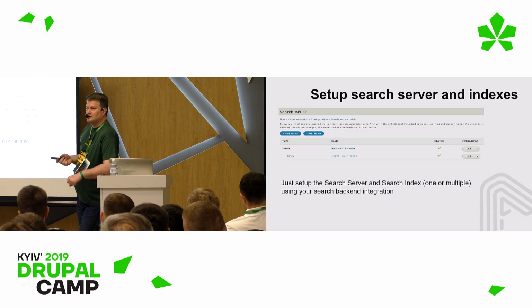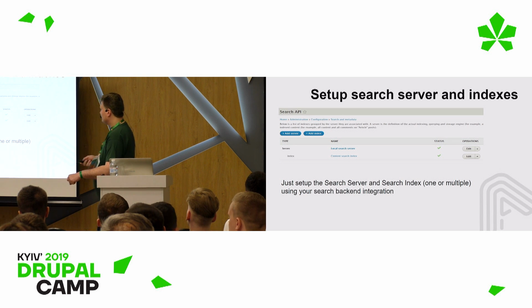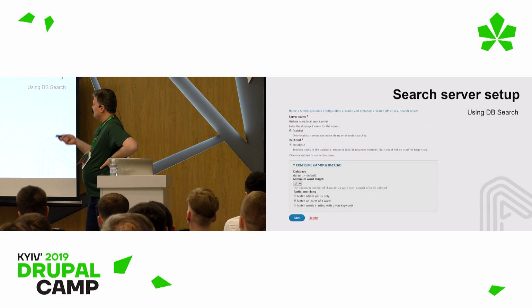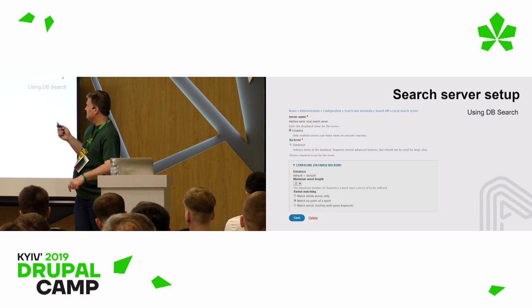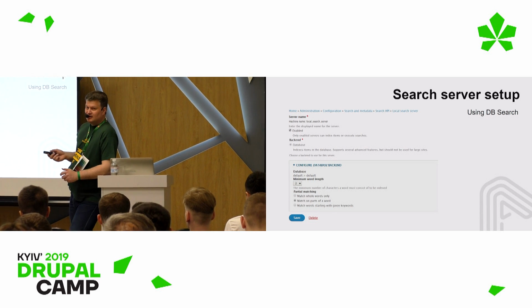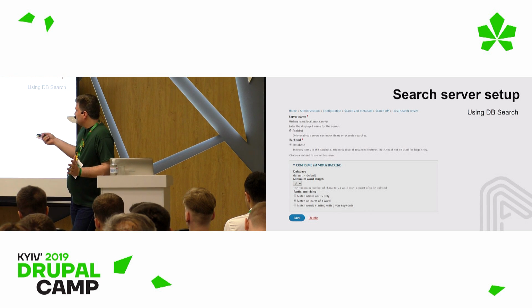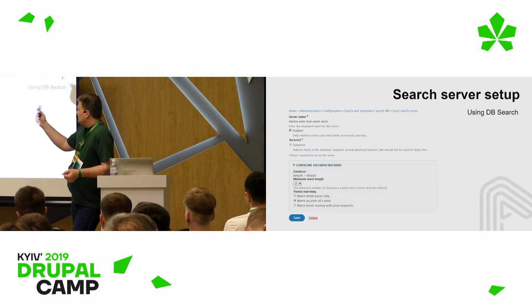When we enable database search, we will have the ability to create a local search server, and after that we need to set it up. Here you see a slide with the basic setup of the database search server. As you see, we do not have too many options. It's just the status option. It can be enabled or disabled. We can select the backend of this server.